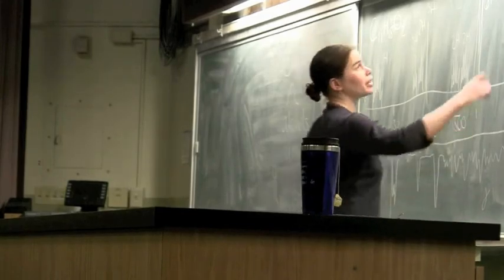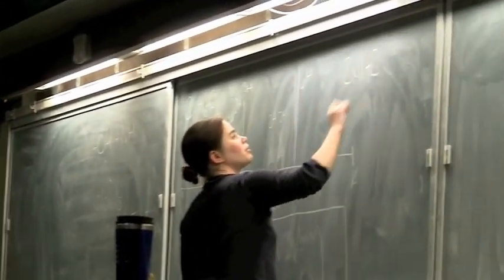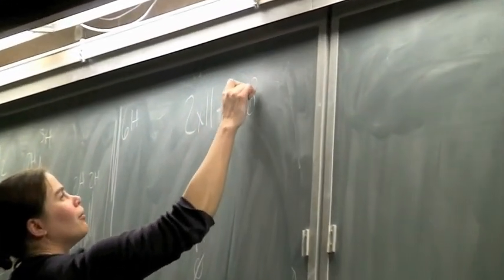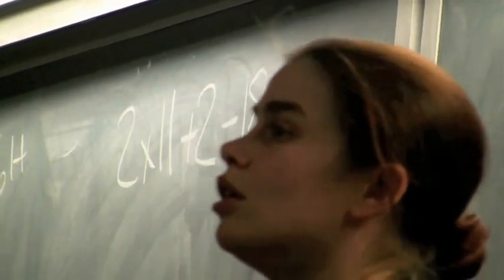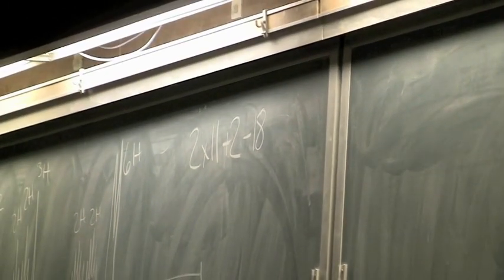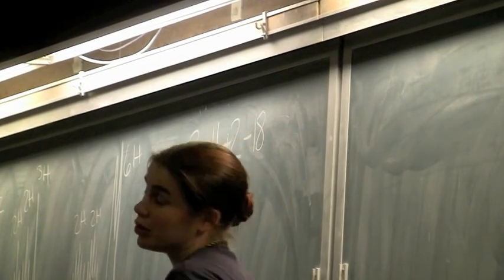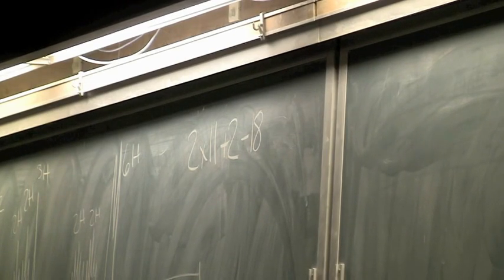We take our formula here: 2 times the number of carbons, plus 2, that's the maximum number of hydrogens we can possibly get in there, minus 18, the number of hydrogens we do have. We would add 1 for every nitrogen, because we can stick that nitrogen in a bond and need an extra hydrogen. We don't have any. We lose 1 for every halogen, since they replace a hydrogen.